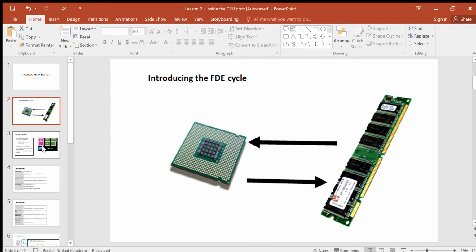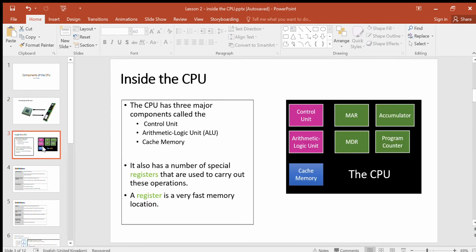There is a certain level of abstraction when we're talking about the components within the CPU. If you were studying at A-level or completing a degree in computer science, you would look at the other elements. We obviously are concerned with GCSE, so these are the components that we're going to concern ourselves with. To start with, we've got two units. The first one is the control unit, and the second is the arithmetic and logic unit.